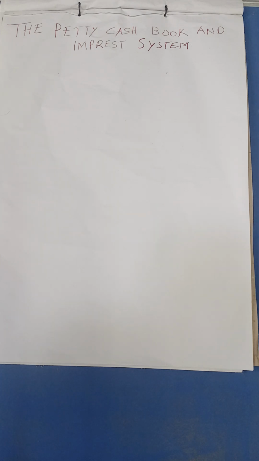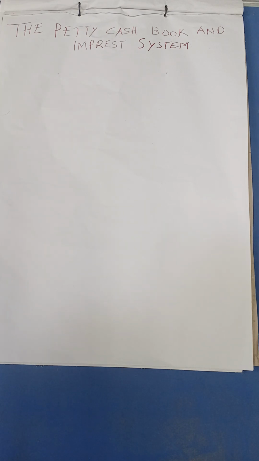The main purpose for the person being in the organization is to record such transactions and also to cater for the settlement of payment for a certain creditor. Maybe we owe a certain creditor who supplied us with water or bananas, maybe costing 400 shillings, 200 shillings. We cannot record that in the 3-column cash book nor in the 2-column cash book. But he will be paid by the petty cashier. Good. Now, there is this word Imprest system.